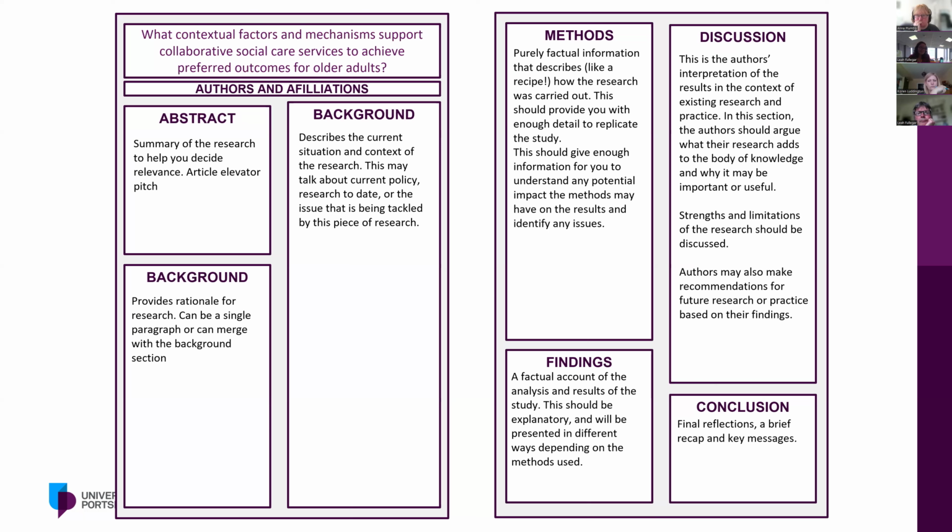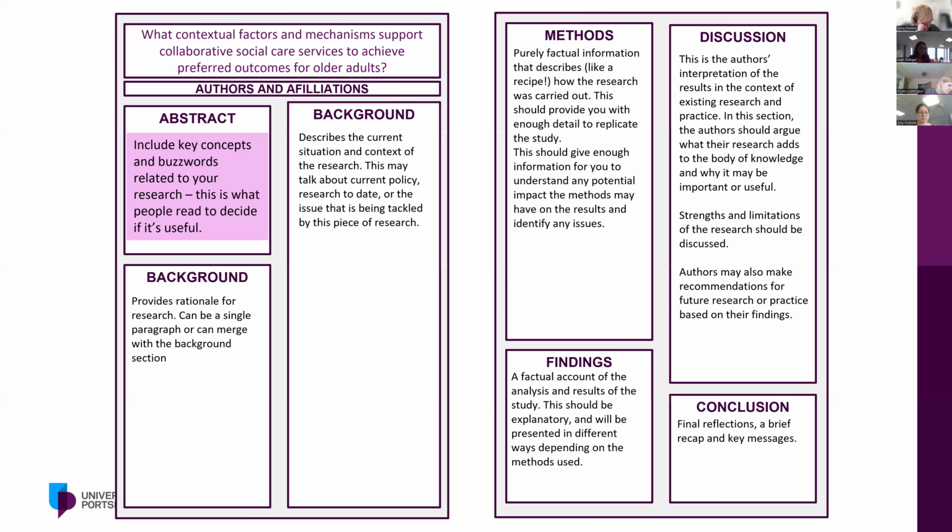So we said last time that the abstract was the elevator pitch of your research, and this is what people use to decide if they should read more. So when you're writing your abstract, you need to make sure that it contains all of the important information, key terms and buzzwords related to your research.